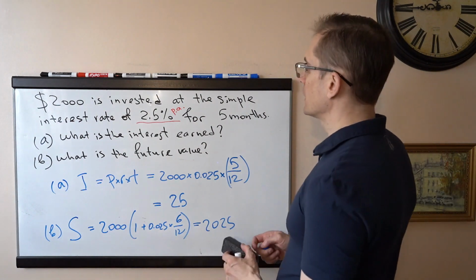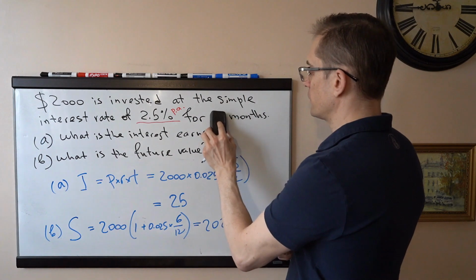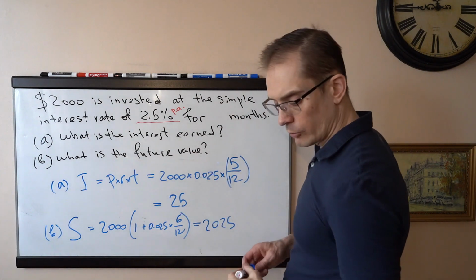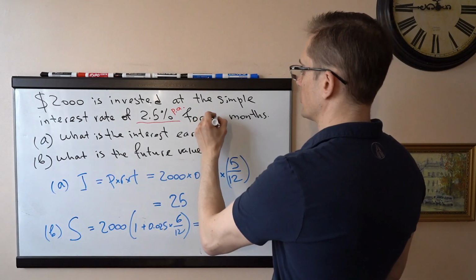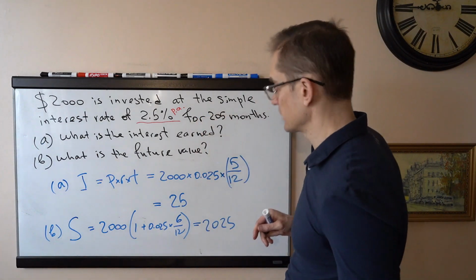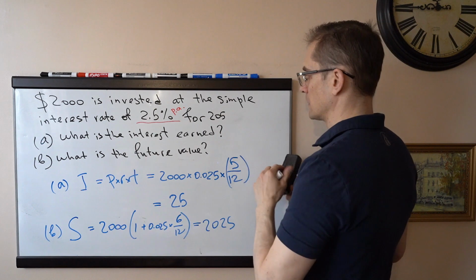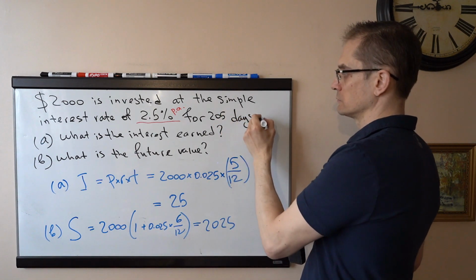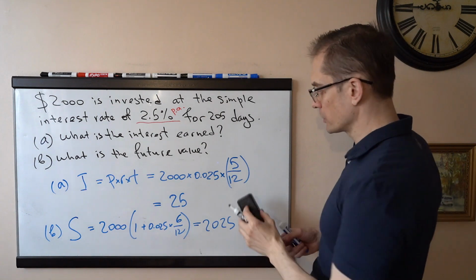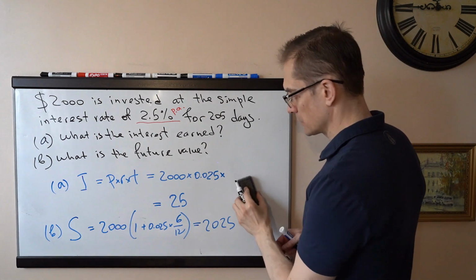This computation is not significantly different. Now we can also, instead of 5 months, say, what if it is 205 days? How would you modify this calculation?